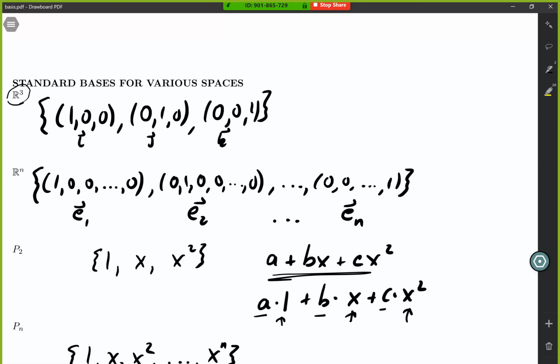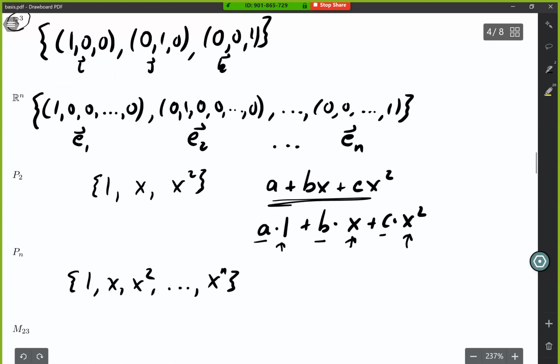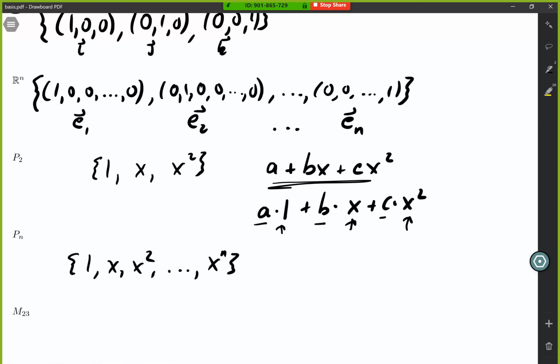I have to fill a first coordinate, a second coordinate, and a third coordinate. So I'm going to need 3 vectors in my basis to be able to fill in those 3 coordinates. Or if you extend it to Rn, I need n elements in my basis to fill in each of the n coordinates.